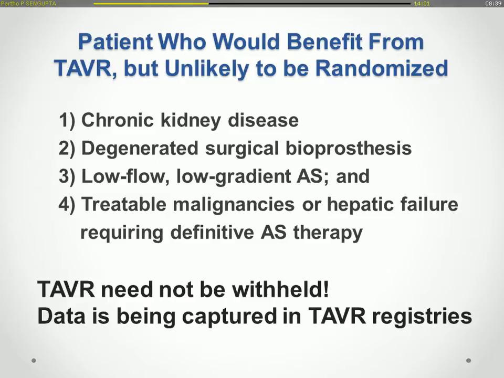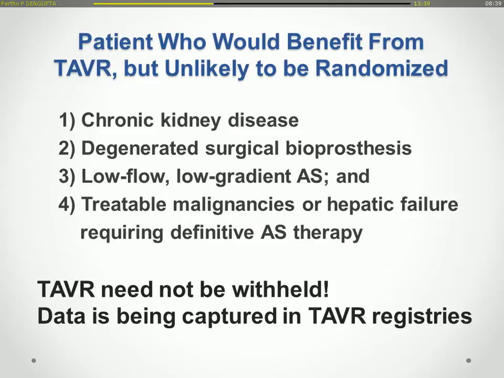And these are patients with chronic renal disease who are on hemodialysis, degenerated surgical prostheses, where in fact we find a really good resolution of the problem using TAVR. Patients with the new syndrome of low flow, low gradient aortic stenosis, or patients who may have treatable malignancy.